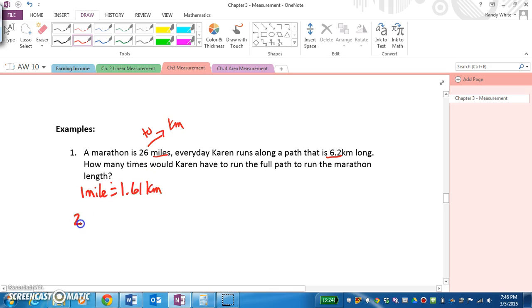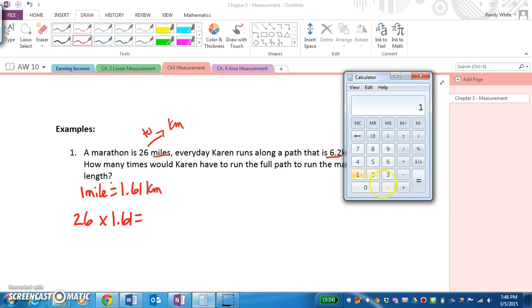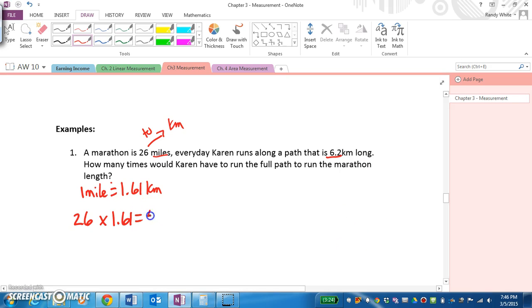So to convert my 26 miles to kilometers, I'm going to multiply it by 1.61. So that's 41.86. Okay, so that's 41 kilometers and then 86 meters, basically, or almost.